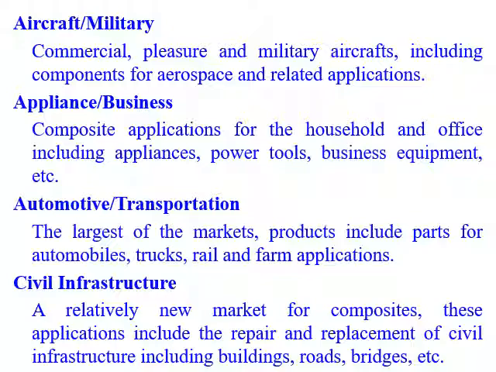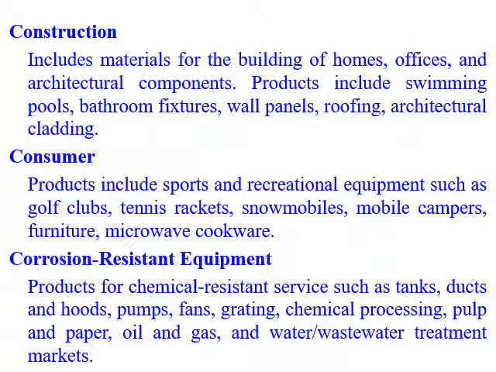When it comes to aircraft, we can have commercial, pleasure, and military aircraft, including components, household applications, and civil construction, that is structural composite materials. In sports, like tennis rackets, golf clubs. Mobile covers, furniture, microwave cookware.